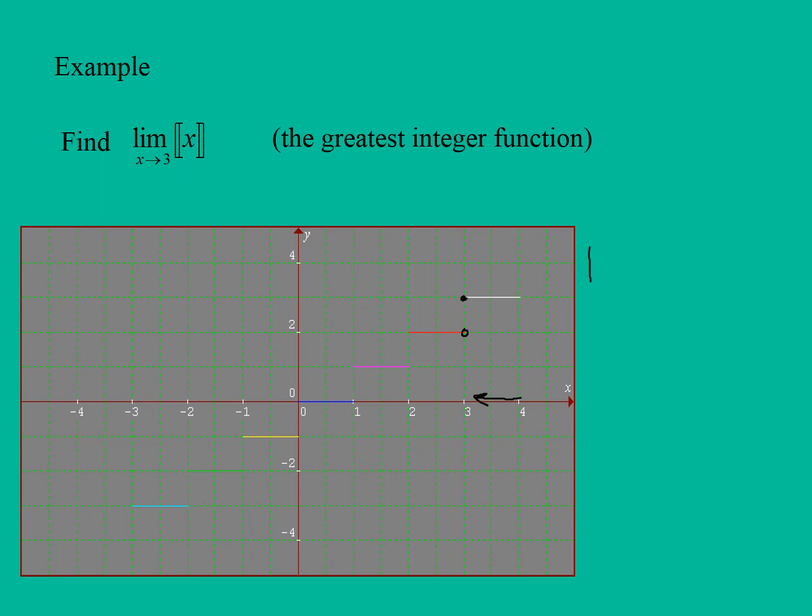So as we approach 3 from the right, we can see we are approaching 3. But if we look at the one-sided limit from the left of 3, we can see we're approaching 2. Therefore, this limit does not exist.